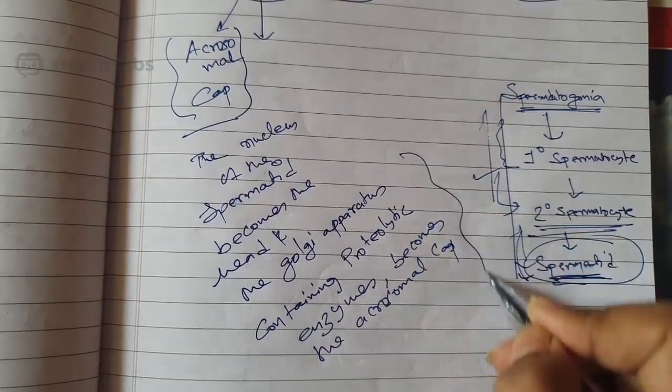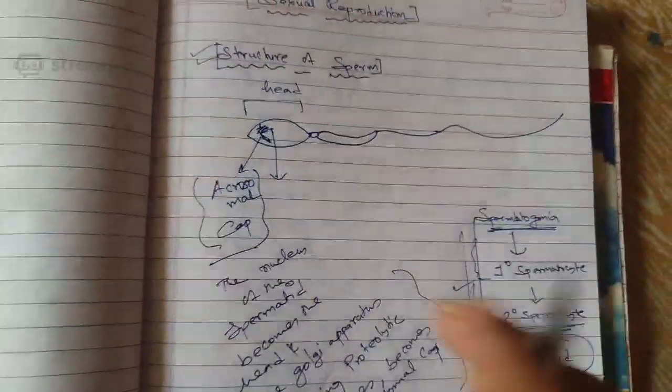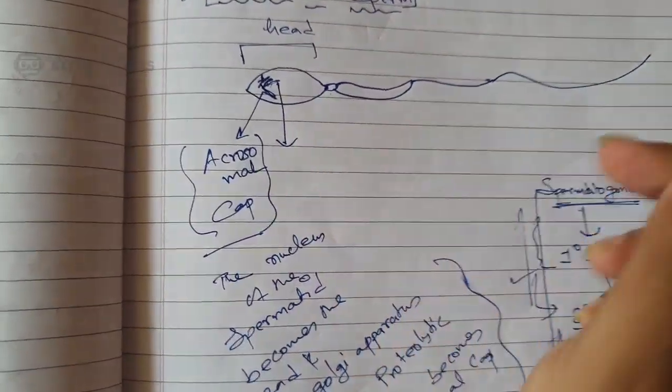That is the detail you should know. After that, in the epididymis the tail will form.